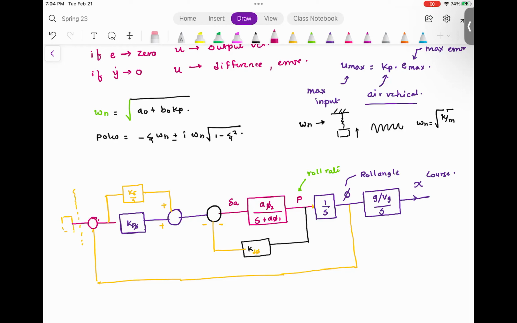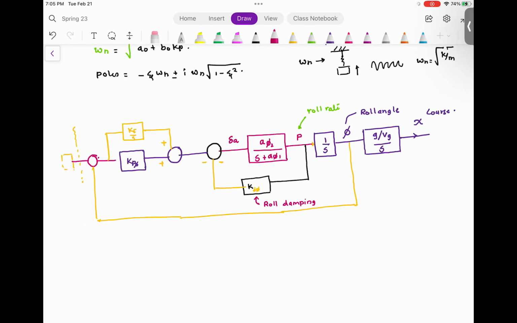Again, there is a transfer function here, but this guy is called the roll damping. There are quite a few gains in this control logic, and let me list these gains. First gain is KD phi, which is the derivative gain on roll damping.